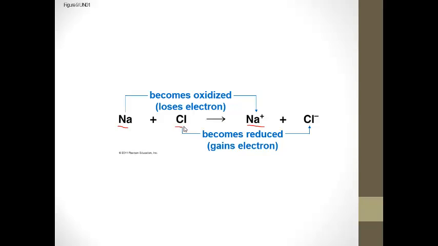Chlorine is going to get reduced. It's going to gain the electron and become Cl negative, chloride. So the electron literally went from sodium over to chlorine. Sodium gets a positive charge, chlorine gets a negative charge, creating sodium chloride.